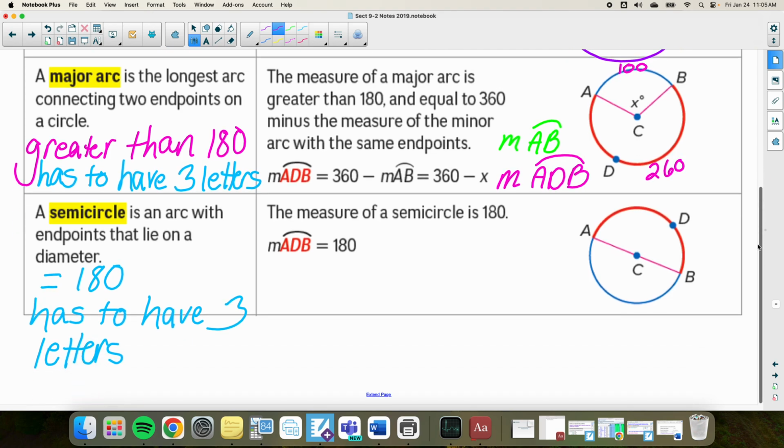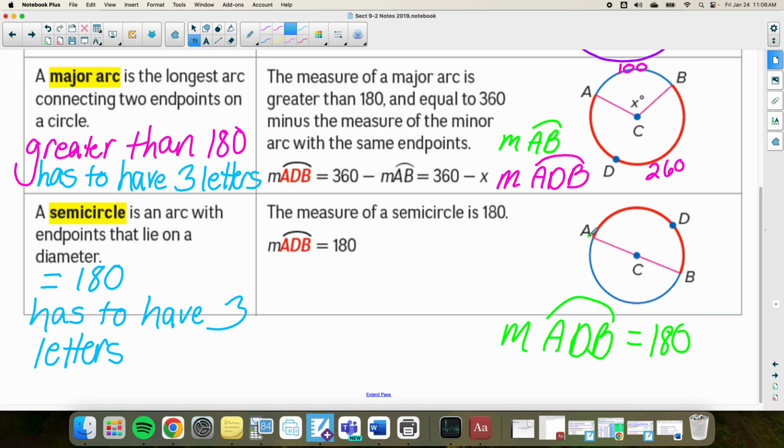Now, with a semicircle, again, we're dealing with half of a circle, okay? Semi means half. If I was to name this red arc, I would say measure of arc, I'd start at A, go through D to B, or I could say BDA, okay? And then that is always going to be 180.